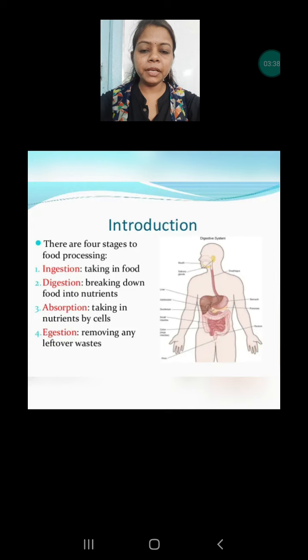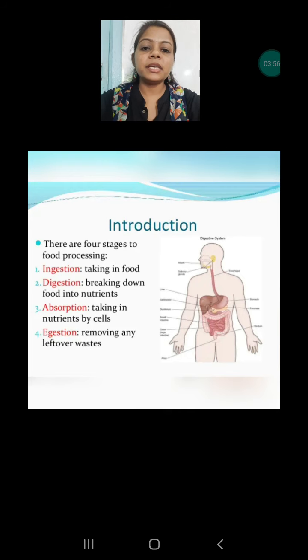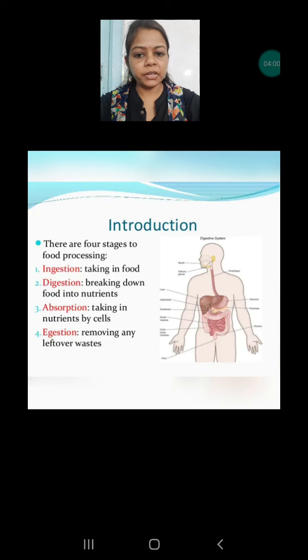Digestion is not completed, but half of the digestion is completed, and then it is passed to the small intestine. In the small intestine, the whole digestion process is completed and the nutrients are absorbed into the blood vessels. That's why it is said that absorption and the digestion process are completed in the small intestine.